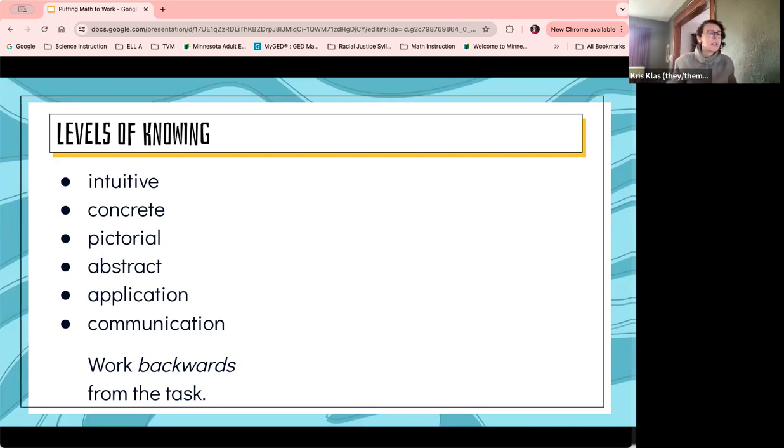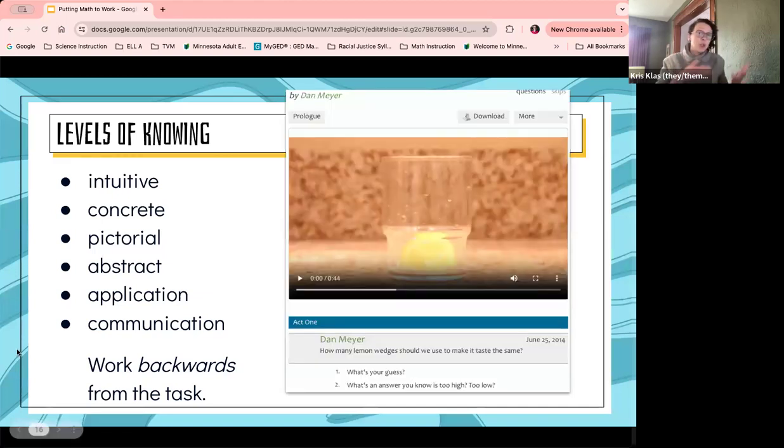The concrete level is much more hands-on, and we didn't do this in class. I think ideally at the concrete level you would actually do it. But we watched this video from Dan Meyer. It's a 3-act math task where he makes lemonade with a lemon wedge and a certain amount of sugar and a certain amount of water.